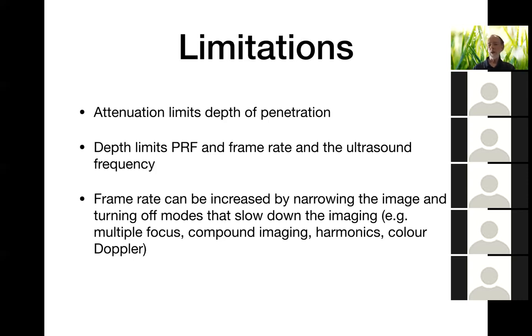The other thing you can do is to turn off some of the optional extra modes that the manufacturers have introduced over time, because almost all of these slow down imaging. So you would turn off multiple focus markers, compound imaging, harmonics, color Doppler, etc. And if you just went back to straight standard grayscale imaging, you'd find you've maximized the frame rate.